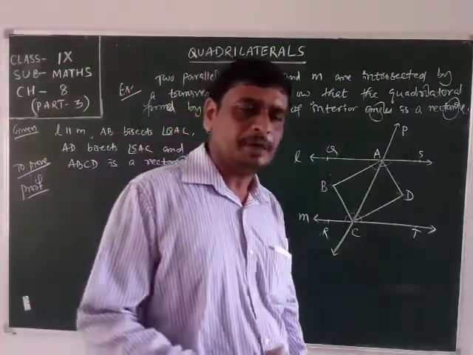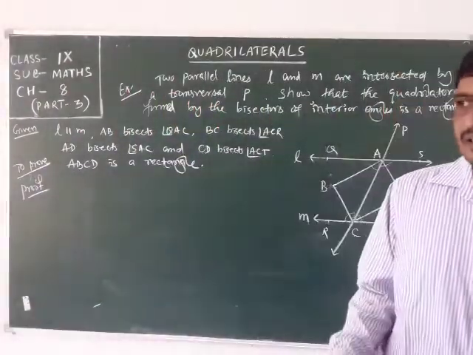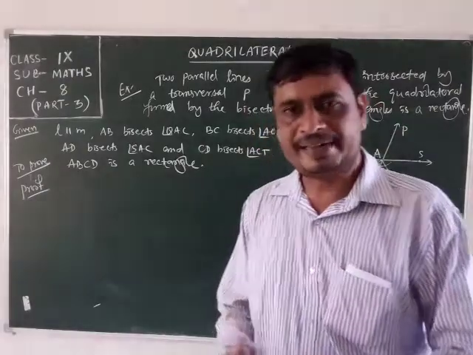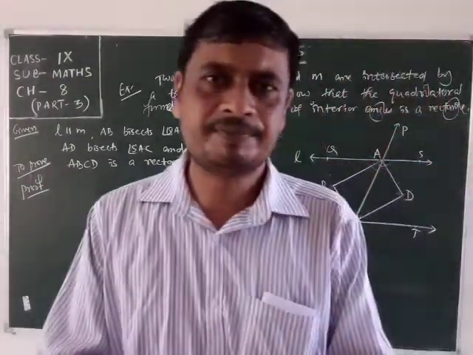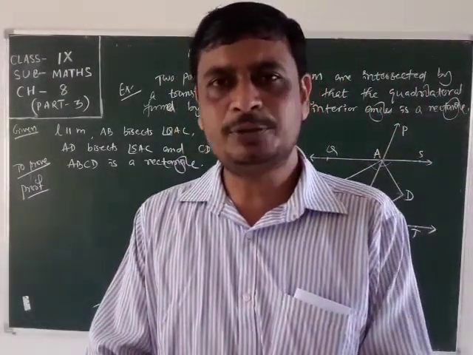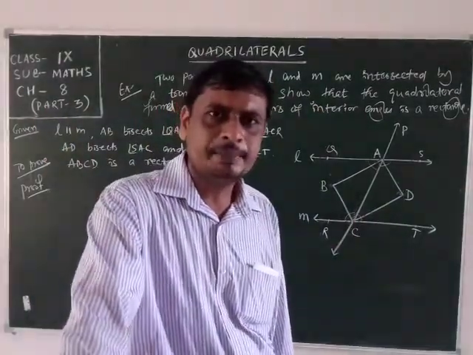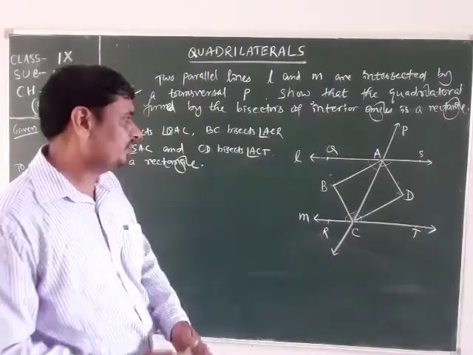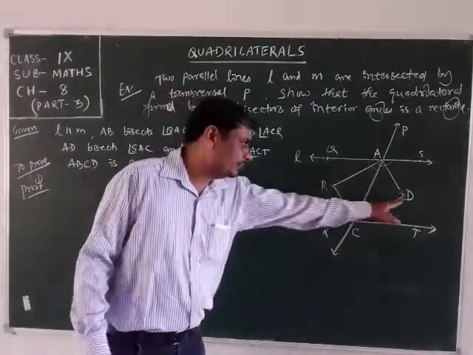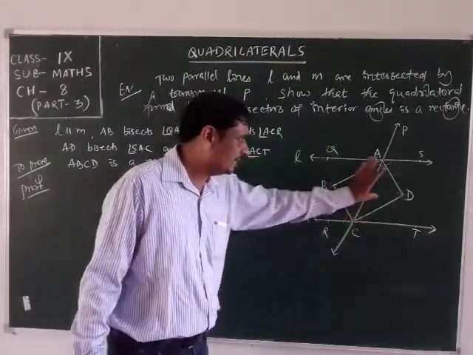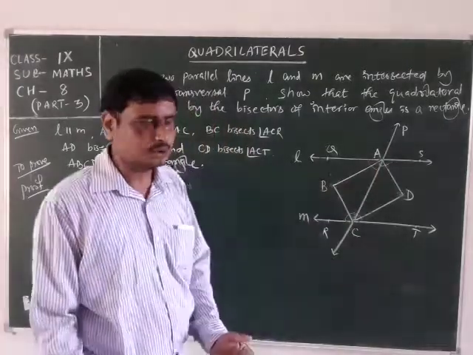According to the properties of a parallelogram, if both pairs of opposite sides are parallel to each other, then the quadrilateral is a parallelogram. So we have to show AB parallel to DC and BC parallel to AD.